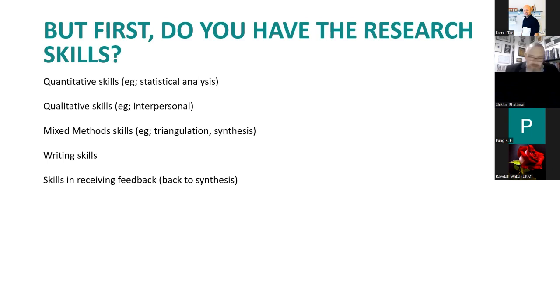I think what is also extremely important out of this is to recognize, where am I as an individual researcher? Where am I with each skill? And how do I fill in the gaps? What do I need to do? So for me, my qualitative skills are fine. My mixed method skills are actually quite good.